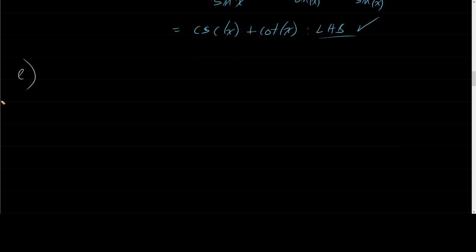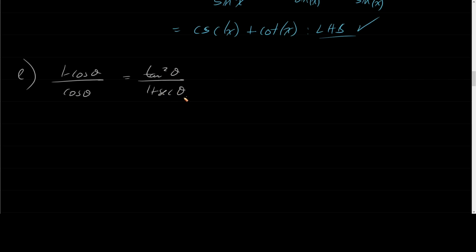Let's say that I had something like 1 minus cosine theta over cosine theta is equal to tan squared theta over 1 plus secant theta.